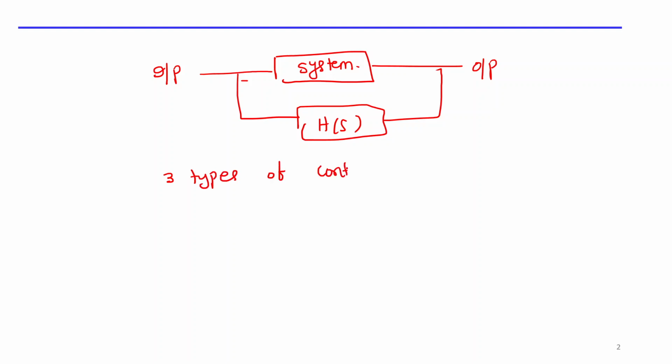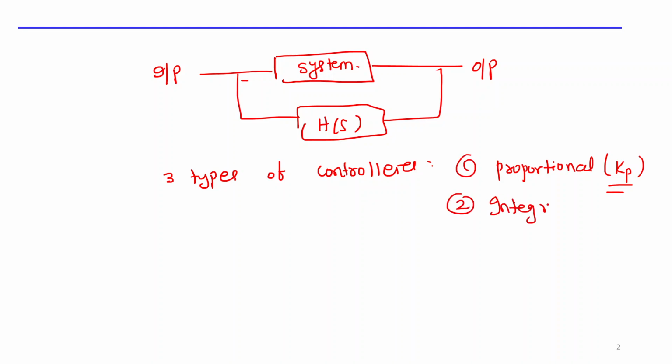Basically, you know the proportional controller, which is denoted by its gain Kp. Similarly, another type is the integral controller, denoted by a constant Ki.